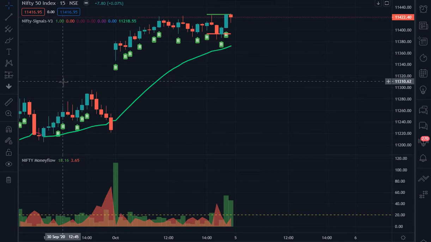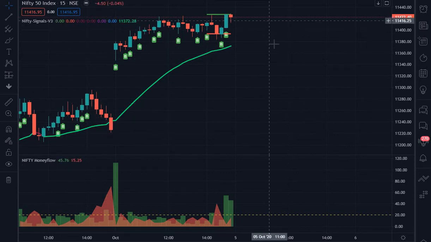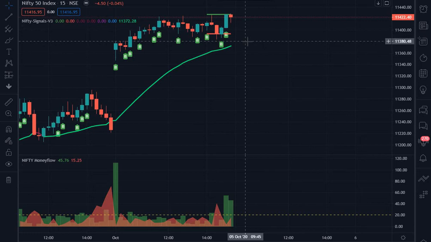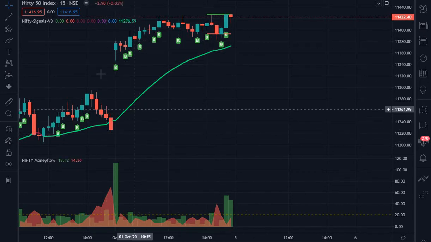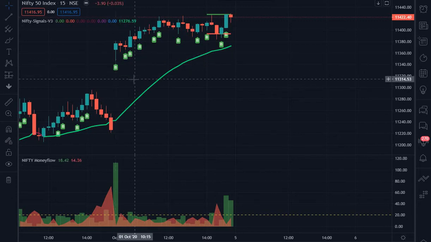Let me describe the system. The system, as you see, is basically divided into two broad divisions: one is the upper side, another is the bottom side. The upper side consists of the price bars, where the signals are continuously generated.